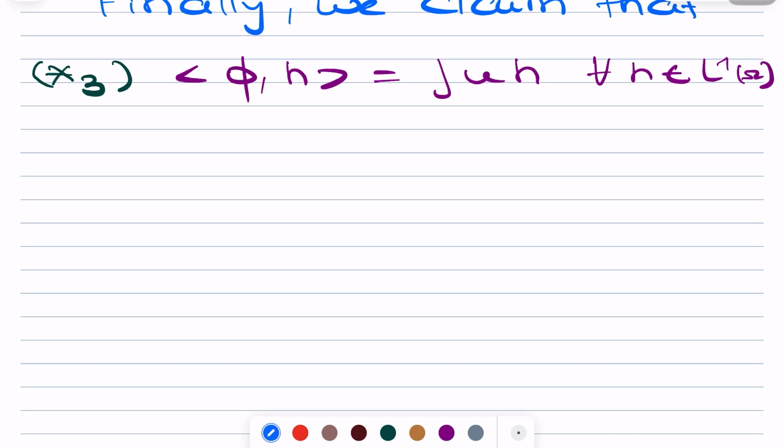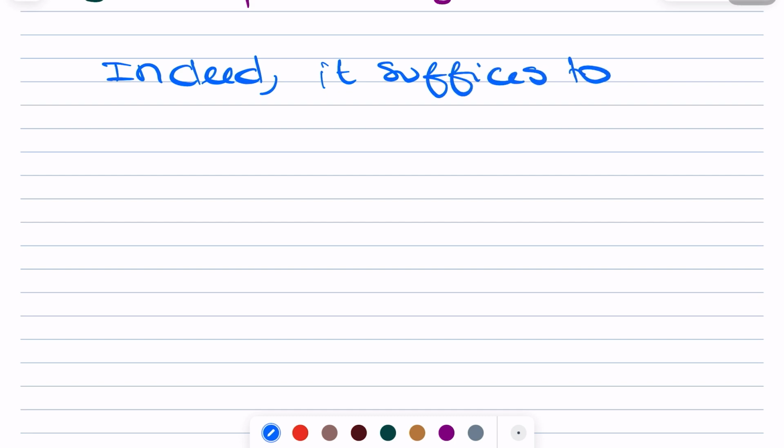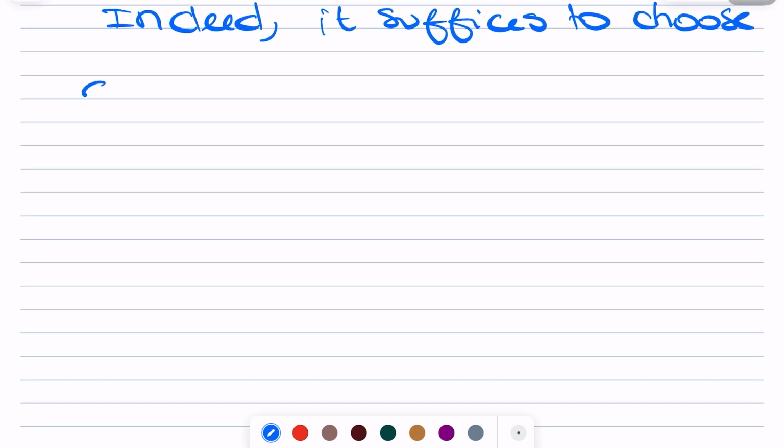Indeed, it suffices to choose g to be the truncation of h in star 1.